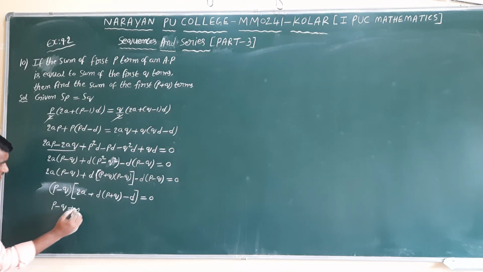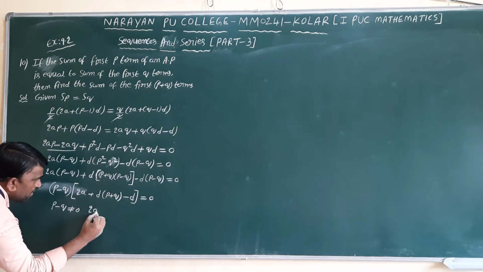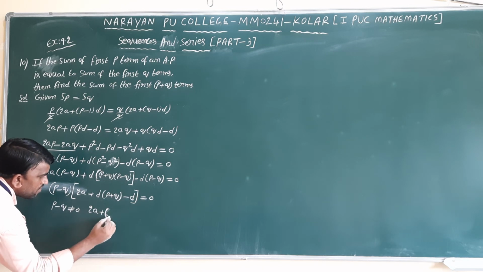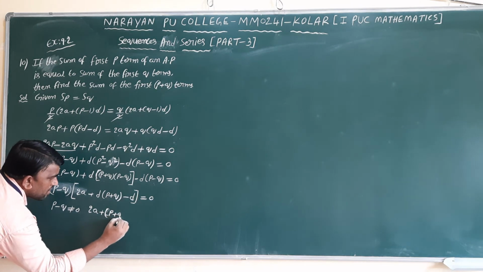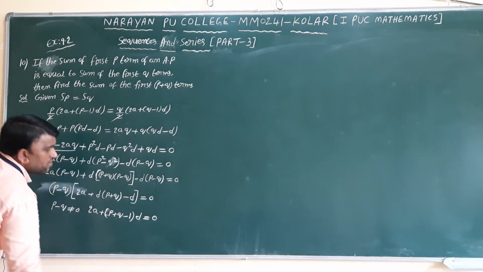Why? Because if it is 0, p equals q, no meaning at all. So remaining, 2a plus d you can take common, p plus q minus 1 into d is equal to 0, we got.